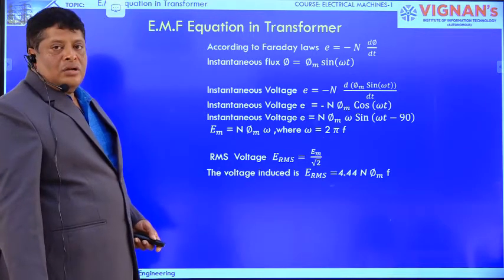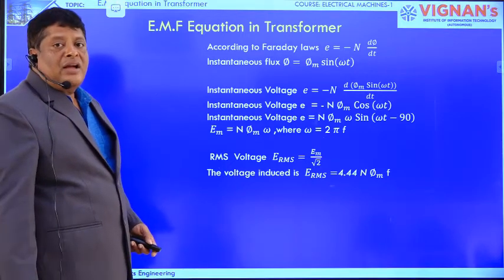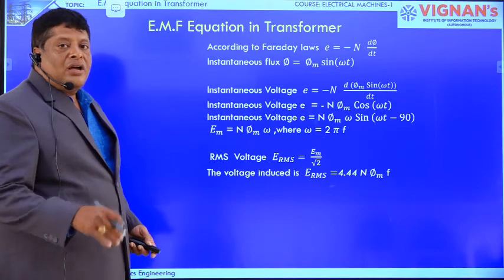Sometimes in the problem they do not give the maximum value of flux, but they give the maximum value of flux density and the cross-sectional area of the core.